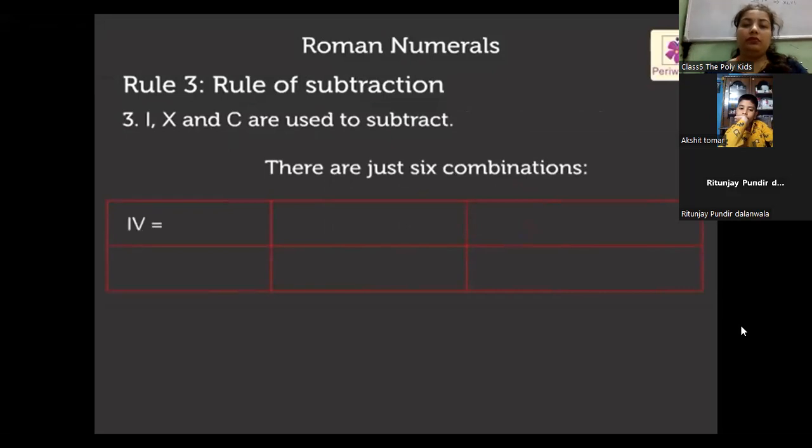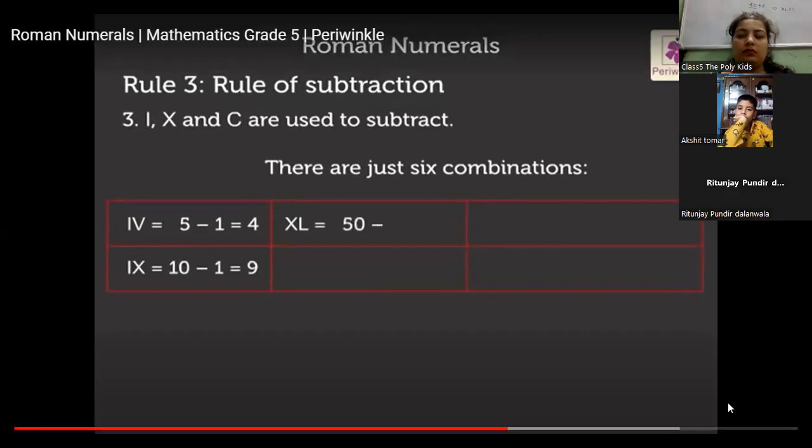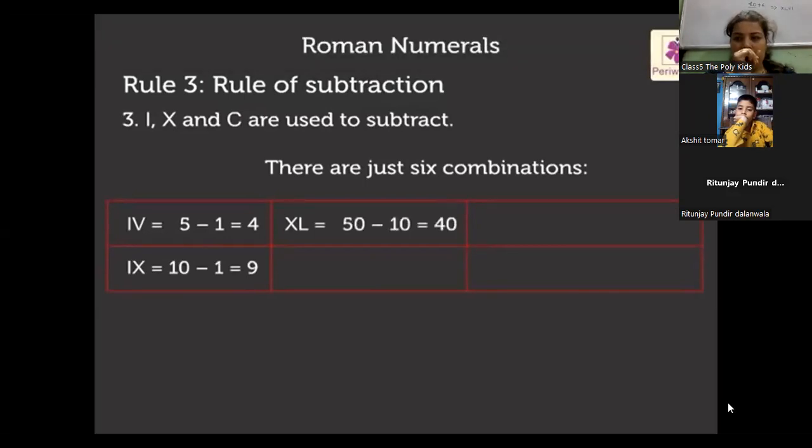IV is equal to 5 minus 1 is equal to 4. IX is equal to 10 minus 1 is equal to 9. XL is equal to 50 minus 10 is equal to 40.